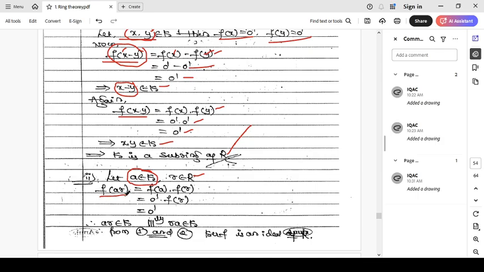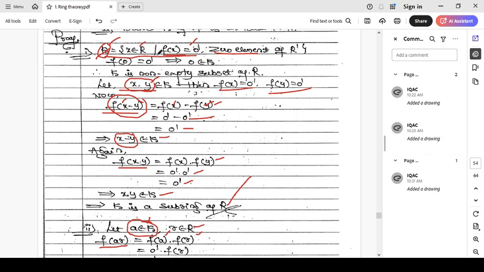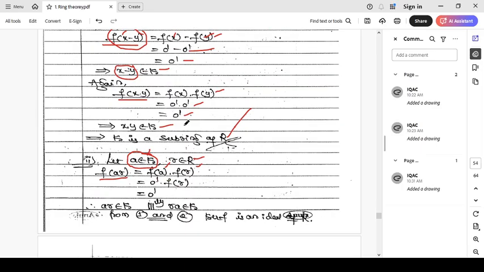So f of ar value, what will we get? According to the definition of homomorphism, I can write down f of ar as f of a into f of r. So f of a, obviously a belongs to K. According to the definition of K, f of x is equal to 0 dash. So a belongs to K, we have taken, therefore f of a is 0 dash, I can write.